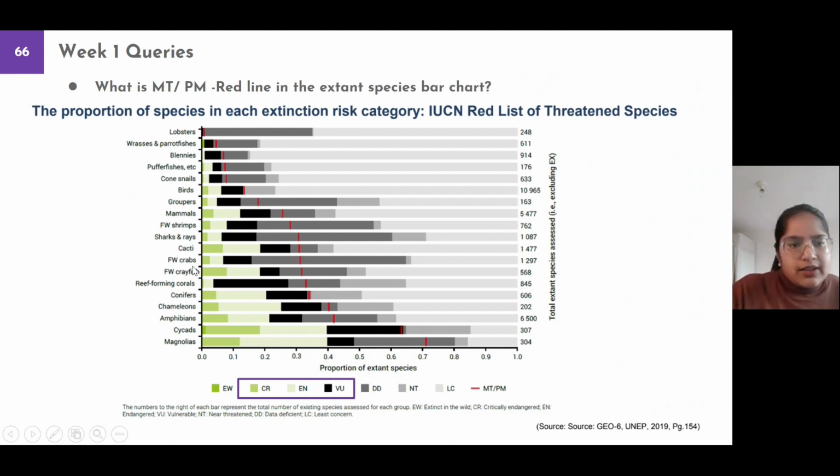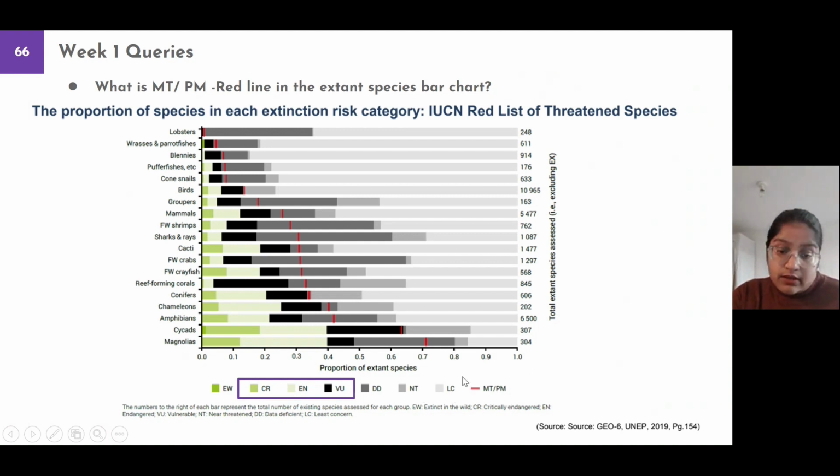So on the left-hand side, we see the different groups of existing species, and then the x-axis shows the proportion of extant species from 0% to 100% in terms of a fraction. And the right-hand side shows the total species assessed in each category. The legend basically shows EW, CR, EN, VU, DD, NT, LC, MT, and PM.